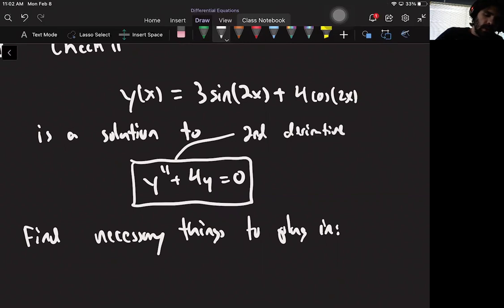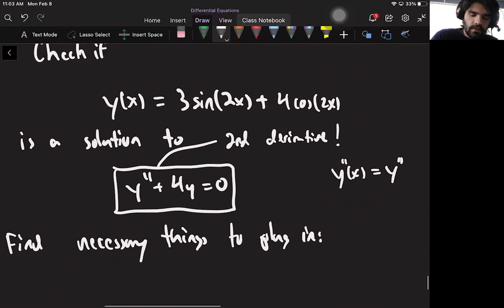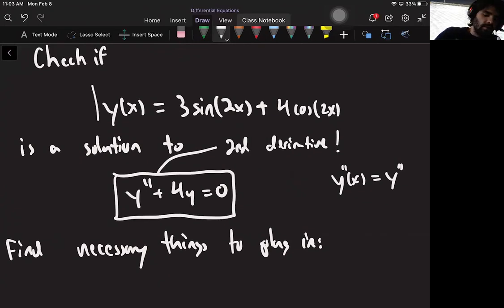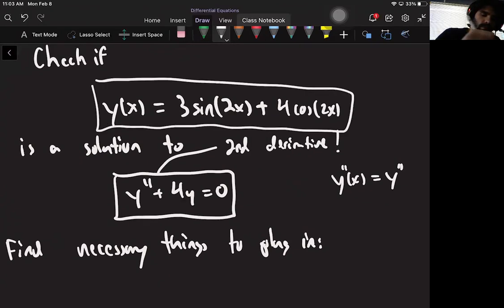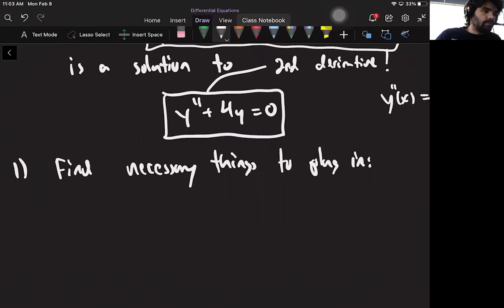And notice, again, I'm not writing y of x double prime because then it just gets too confusing. So I'm just writing y double prime. But it does mean the function in this situation because I do have a function. Okay, so let's find y double prime.